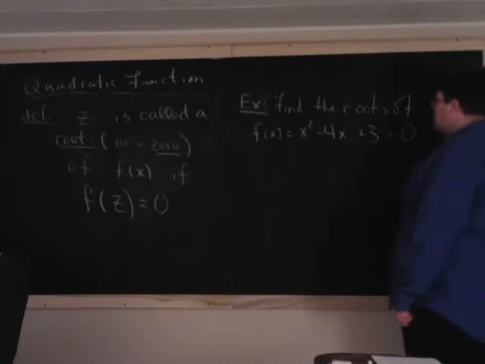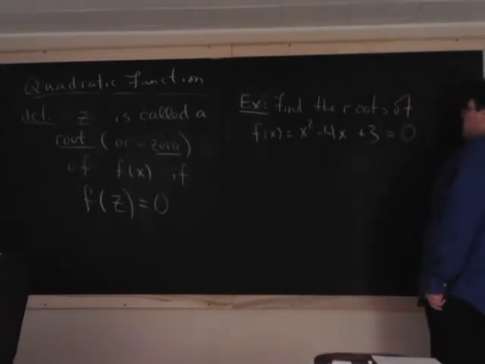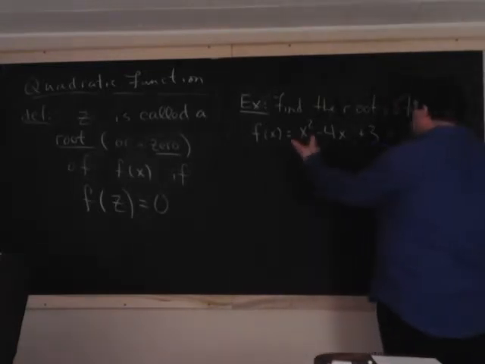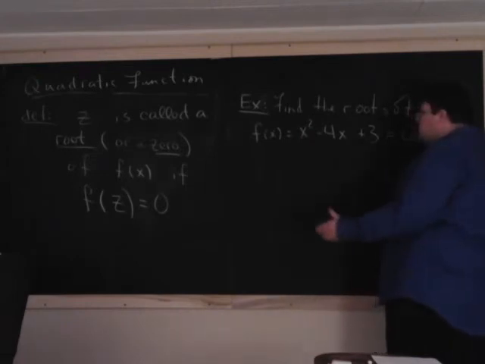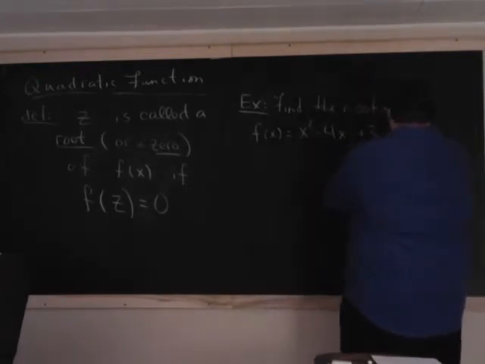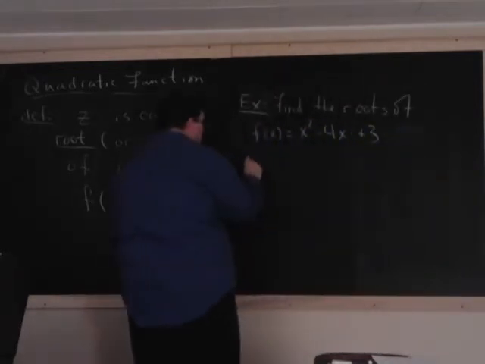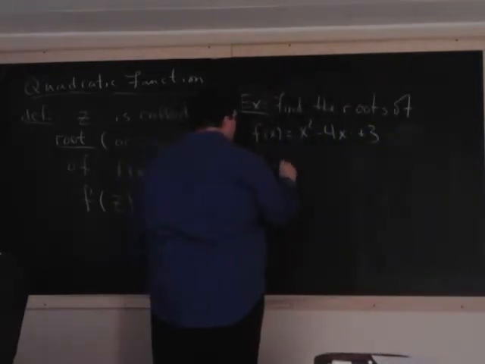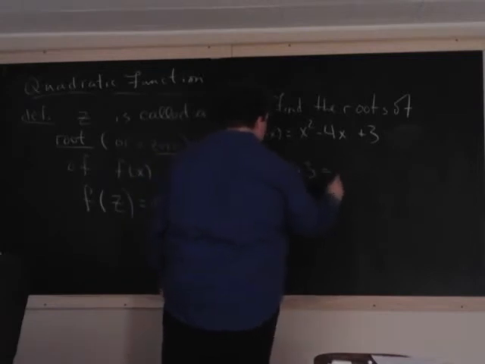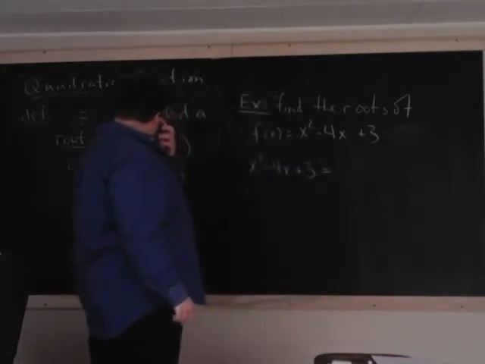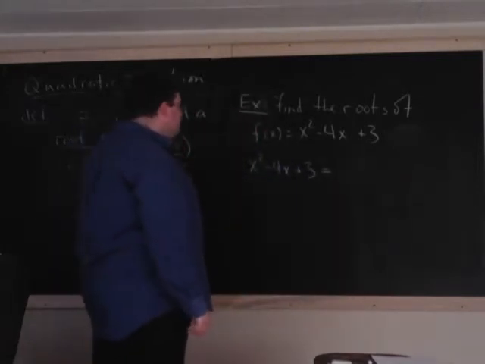Well, in this form, we can't really solve for x, but we can hopefully factor this, because 0 is a nice number. So I'm just going to rewrite this equation: x squared minus 4x plus 3. Well, can we factor this? Hopefully we can, and then we can use properties of 0 to our advantage.